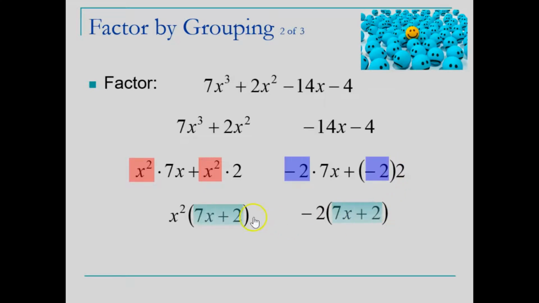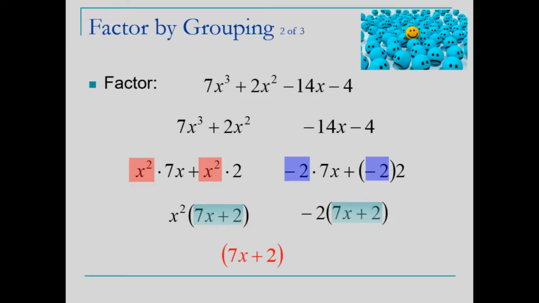You now see that between these 2 terms we have the common binomial of 7x plus 2. If we had not factored out the negative 2, we would have ended up with a negative 7x and a minus 2, just the opposite of what we had.